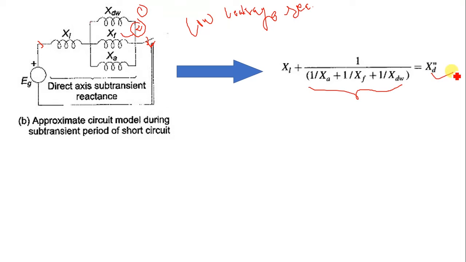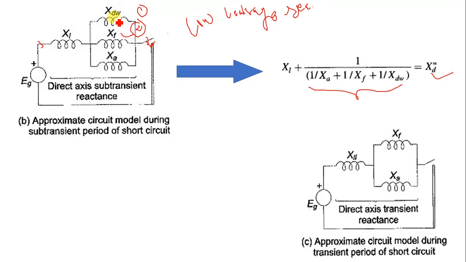Okay, now here we can say this is the subtransient reactance of the machine XD double dash, while the reactance effective after the damper winding currents have died out. So in that case, when the damper winding current has died out, we can represent this circuit by this circuit, where we are open circuiting this XDW. In that case we can represent XF and XA, and this is nothing but your direct axis transient reactance.